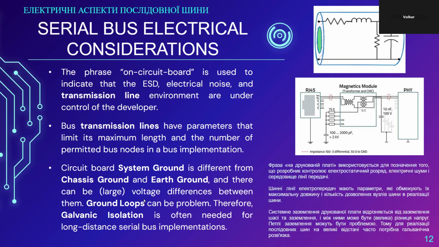And usually at low frequencies, you don't really have to worry about transmission line effects. But if you're using higher frequencies, and high data rates usually result in high frequency signals, you have to start taking transmission line effects into account.